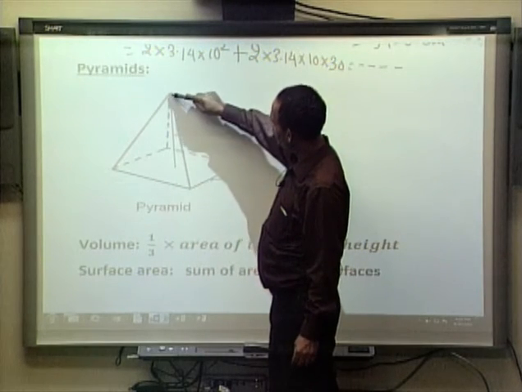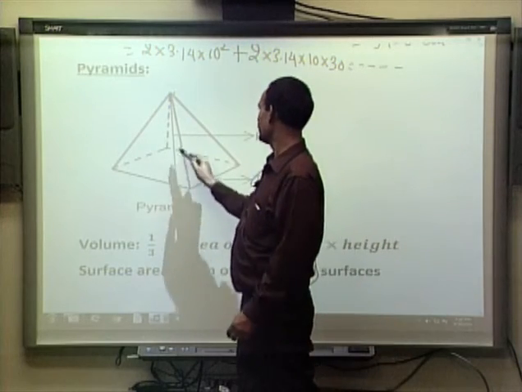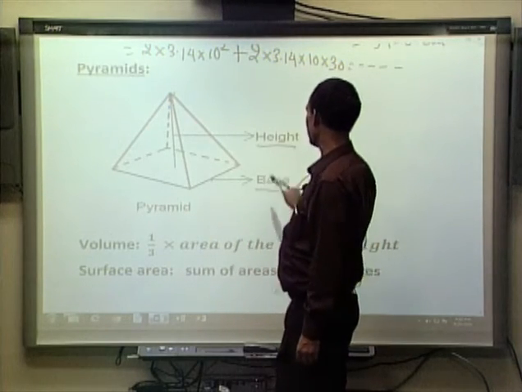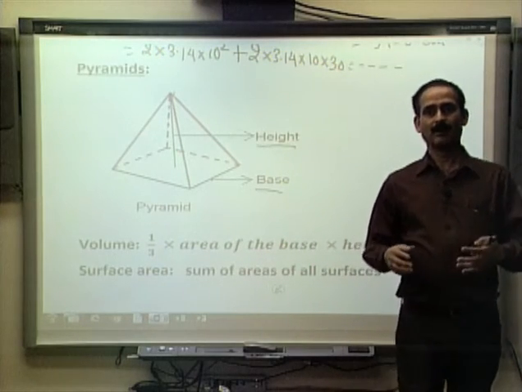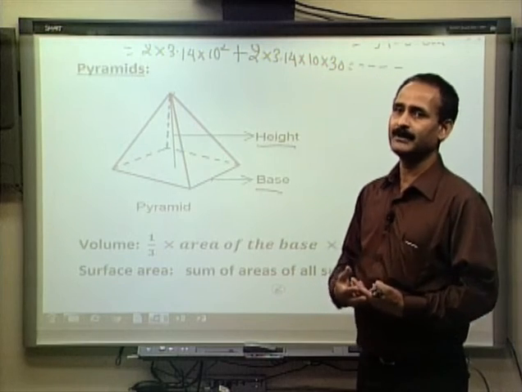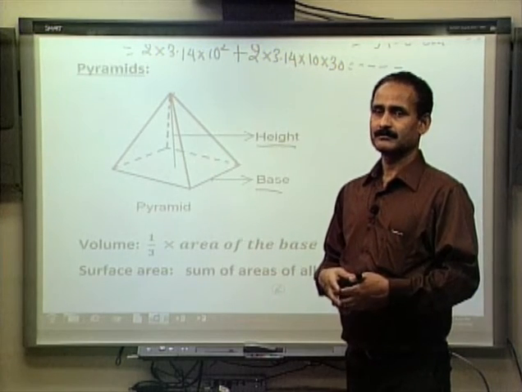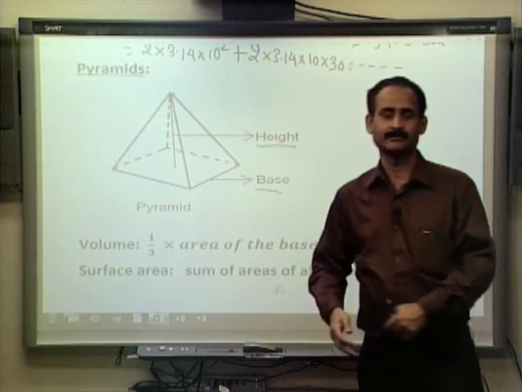If we draw a perpendicular line from the vertex to the base, that is called the height. The volume and surface area of the pyramid can be found if we know the base and the height.